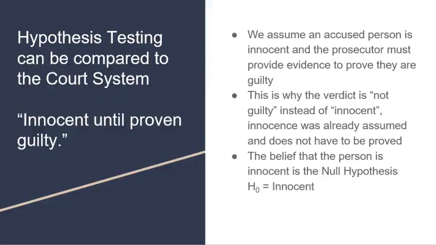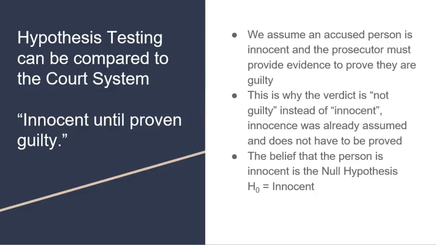When we talk about how this works, it is very similar to the way the court system works. In the United States, you are considered innocent until proven guilty. So we assume that you are innocent and they must provide evidence to prove you are guilty. The null hypothesis would be that you are innocent.